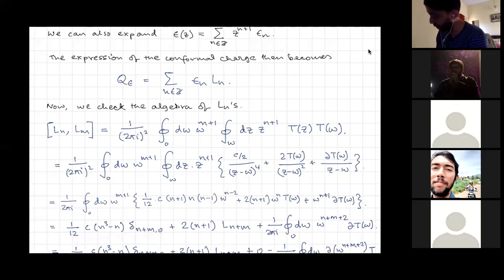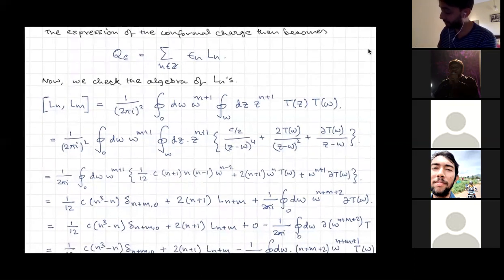And then from the next term, you are going to end up with an expression which is L plus M, because you are going to get omega to the n plus m plus 1. If you rewrite this, you will see that what you get at the end of the day is an L of n plus m.